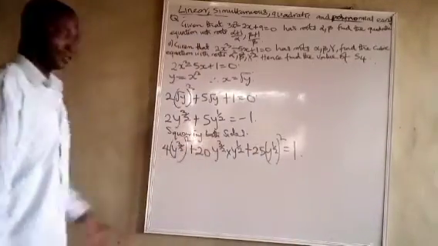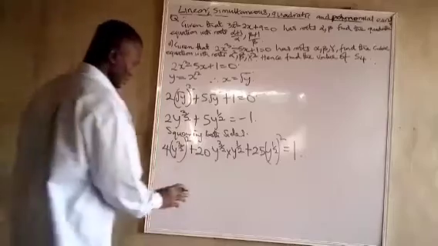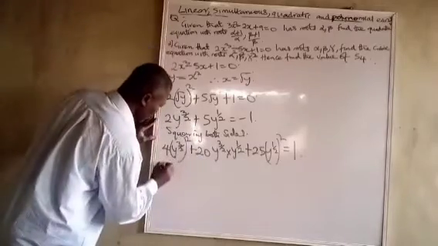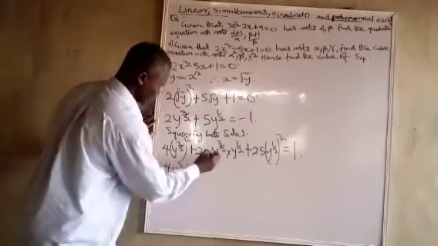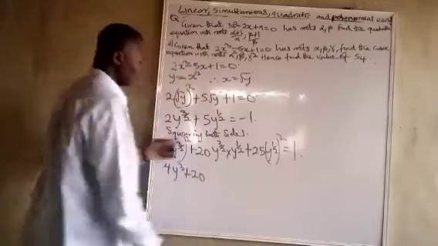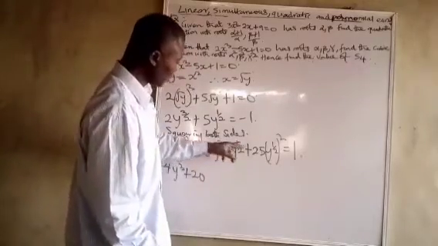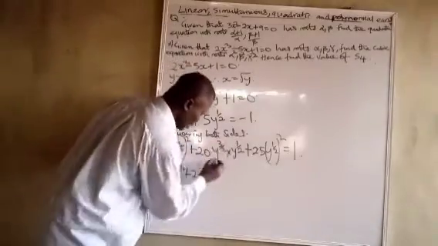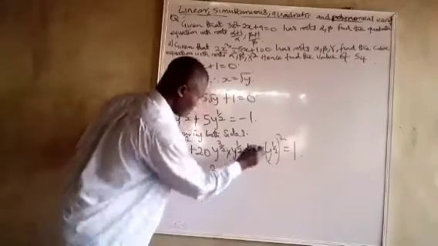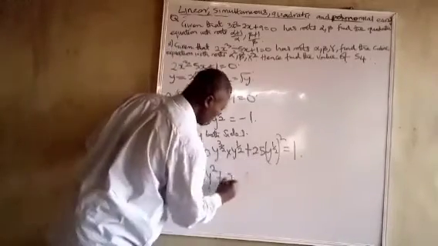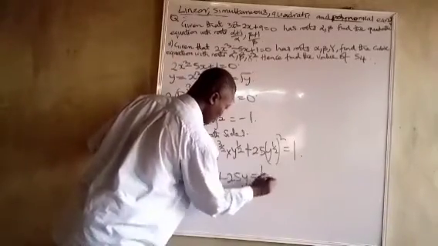So you can see the substitution makes it very easy to do that. Therefore, this one is now going to give you 4y cubed plus 20, and y raised to power 3 over 2 times y raised to power half is going to be y raised to power 3 over 2 plus half. That is 2. So y squared, plus this one is going to be 25y, equals 1.